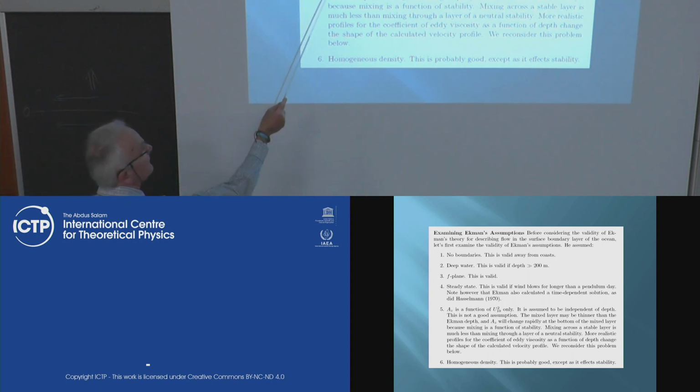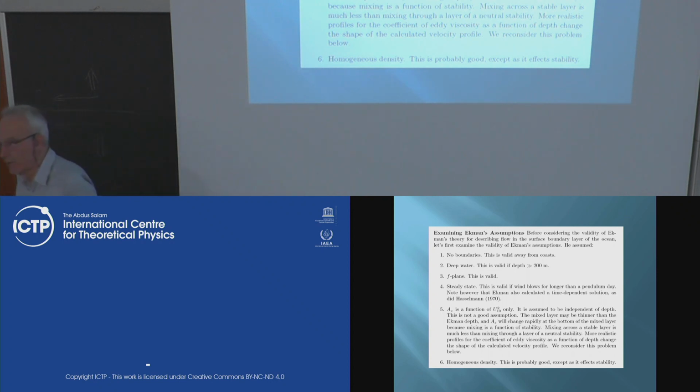First of all, Ekman's assumption was that there is no boundary, so this is valid away from the coast. This is a very, very strong assumption. However, we know from experimental data that the fact that the wind induces a current to the right-hand side with respect to the wind in the northern hemisphere functions rather well.